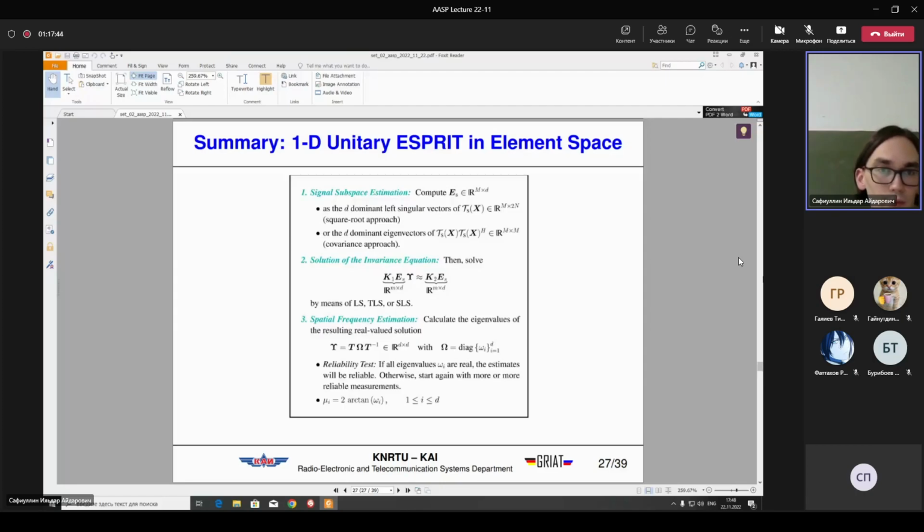Then we need to find the left singular vectors or eigenvectors. In the first way, we calculate SVD for transformed X. In the second case, we calculate EVD for T of X times T of X Hermitian. Then we solve this shift invariance equation using LS, TLS, or SLS. And the final step, we need to find spatial frequencies.